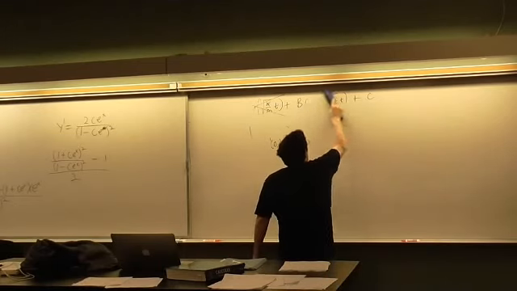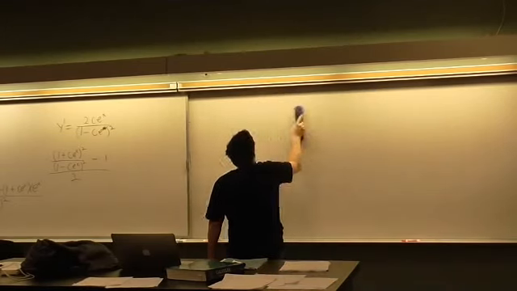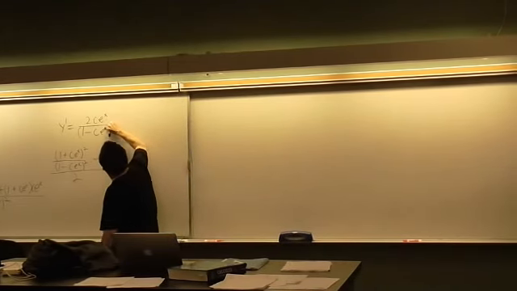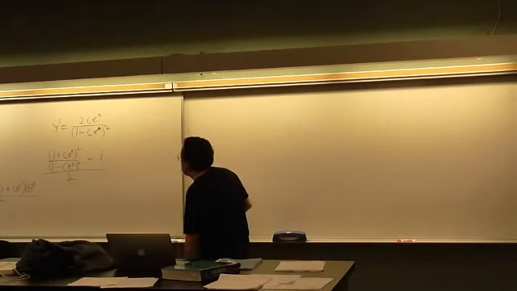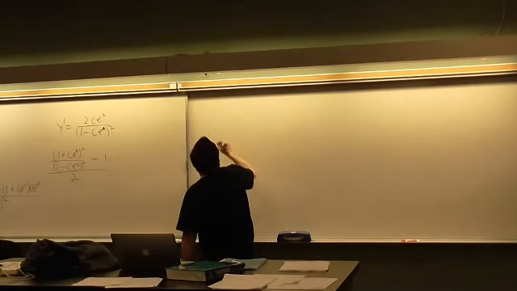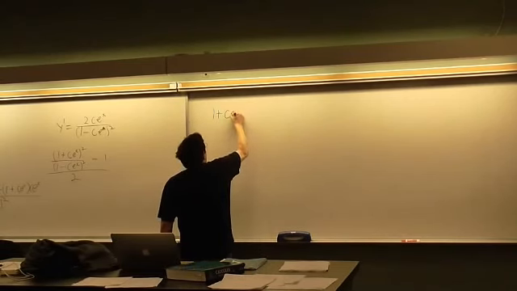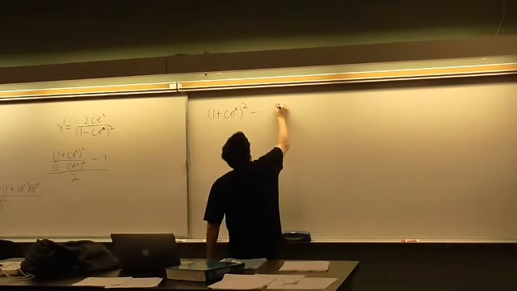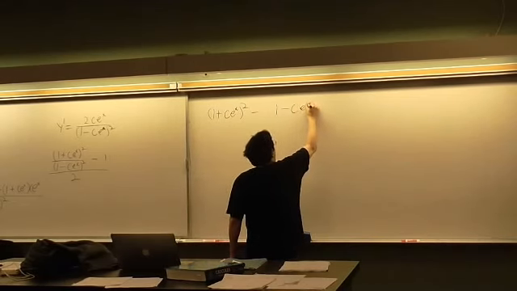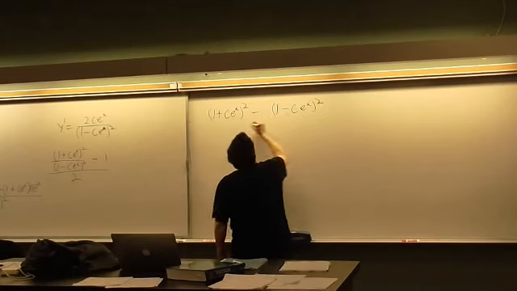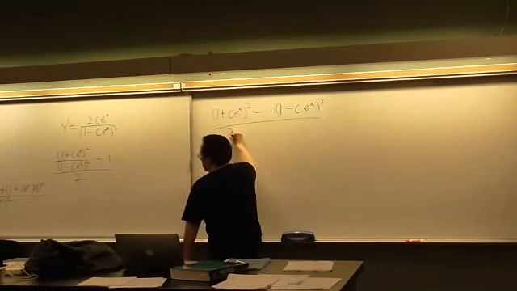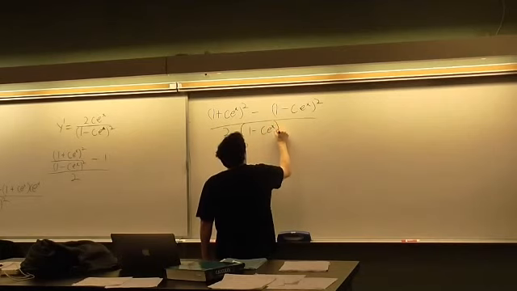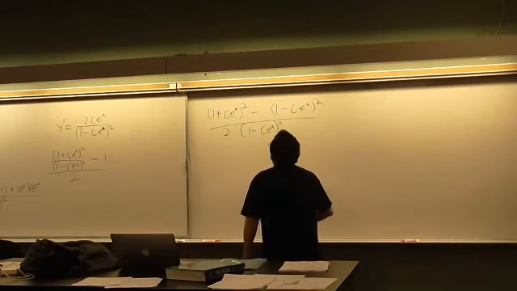I guess easy is the wrong word to describe this process for this example. I guess a better way to describe it would be within your capabilities. Okay, so on the left I'm going to have 1 plus c e to the x squared minus 1 minus c e to the x squared all over 2 times 1 minus c e to the x squared.